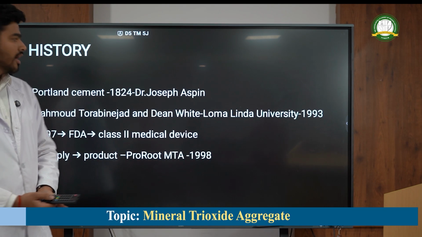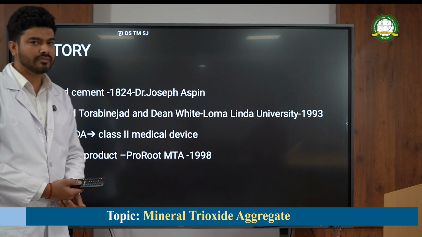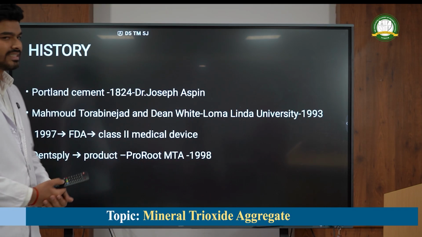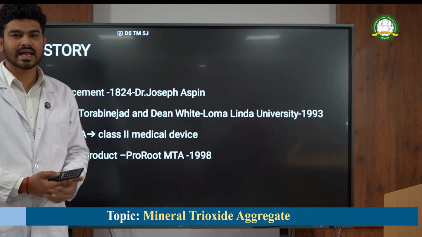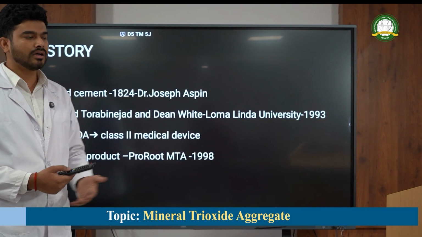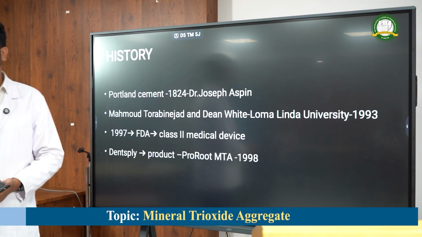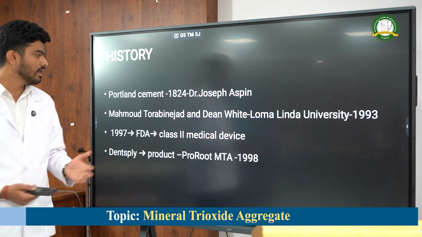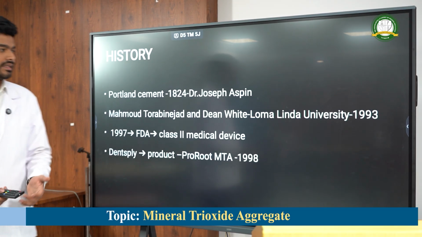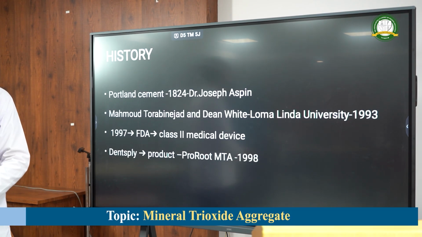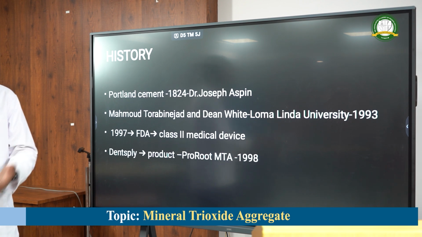Coming to the history part, in 1824, Dr. Joseph Aspdin introduced Portland cement, which is a calcium silicate based cement. Later, because of its low radiopacity, Dr. Mohammad Torabinejad and Dr. Dean White at Loma Linda University in 1993 introduced a specific cement called mineral trioxide aggregate, a calcium silicate based material with bismuth oxide.